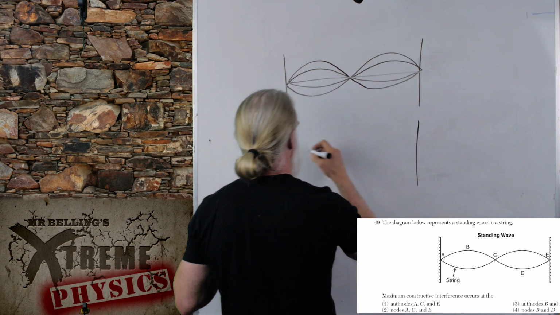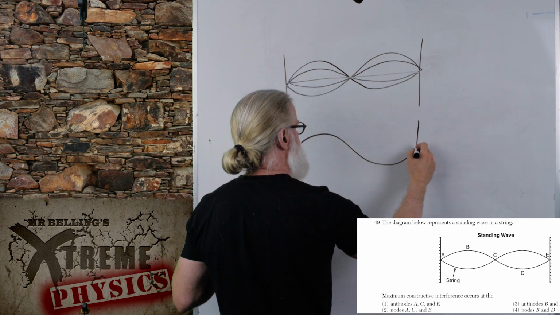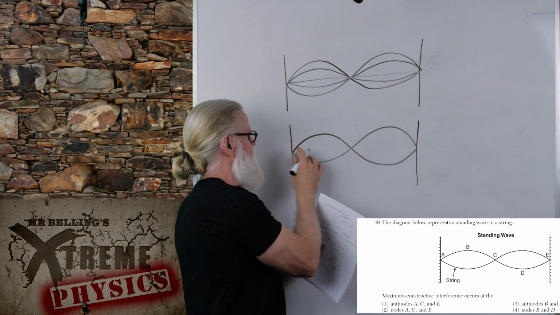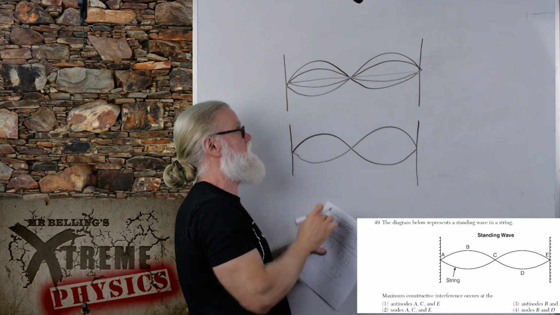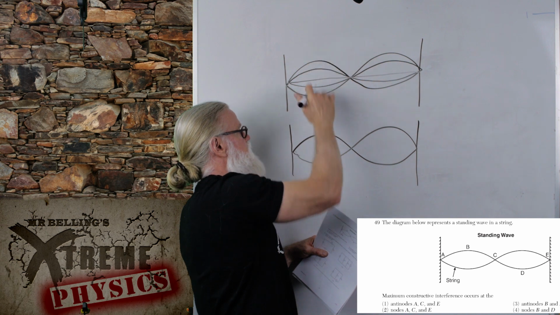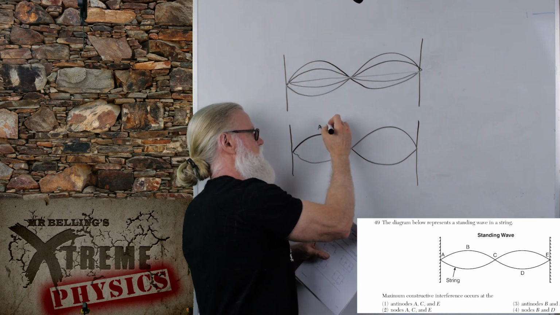So this thing's shaking about. Now we have areas where sometimes we have a large amplitude and sometimes it's 0. But sometimes it's really large. This is called an antinode.